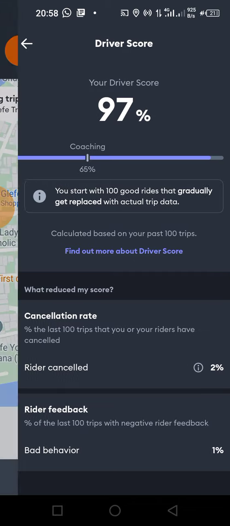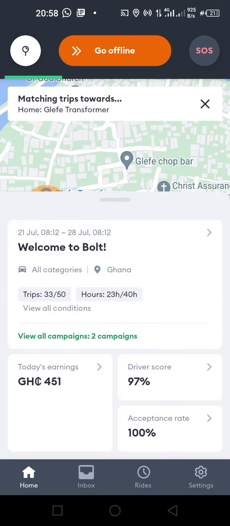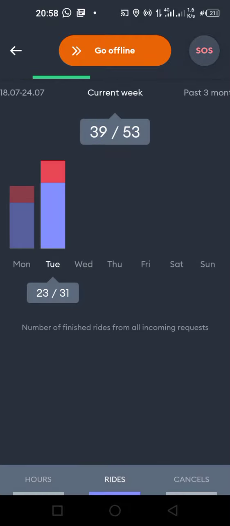So let's get to the driver's score. I have a video about driver's score which you can check to know more.